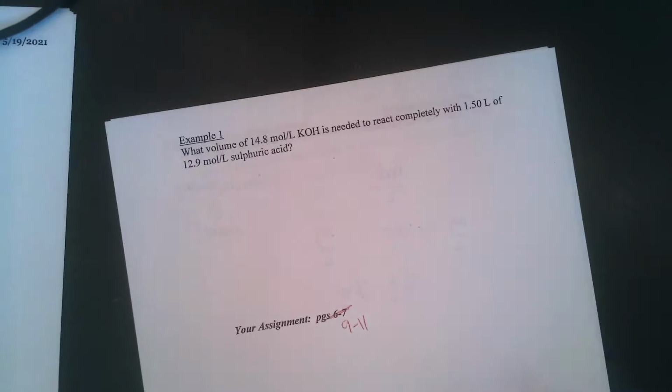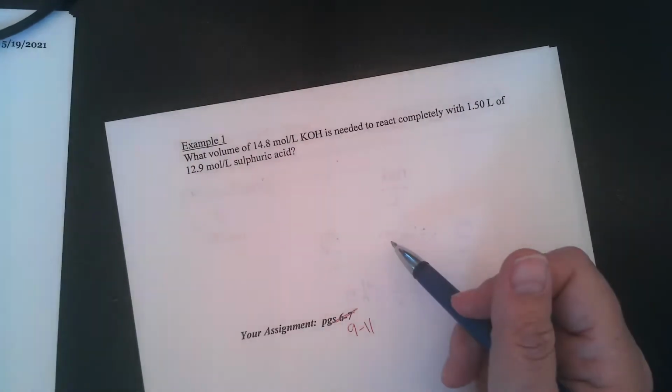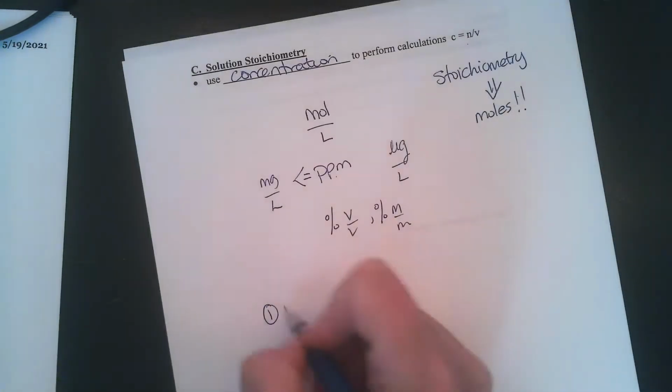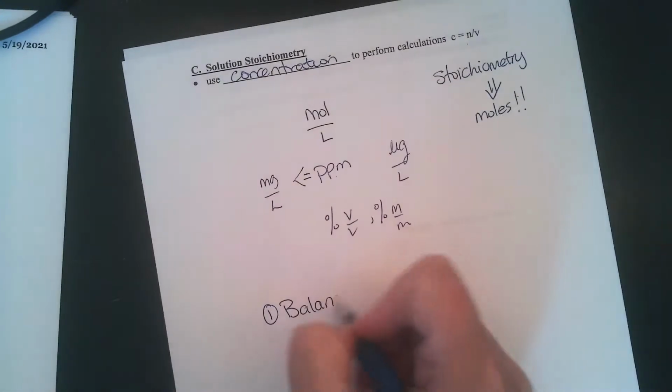What volume of 14.8 moles per liter of potassium hydroxide is needed to react completely with 1.5 liters of 12.9 moles per liter of sulfuric acid? I'm just going to go back. We're going to write a refresher. What do we need? We need a balanced reaction.